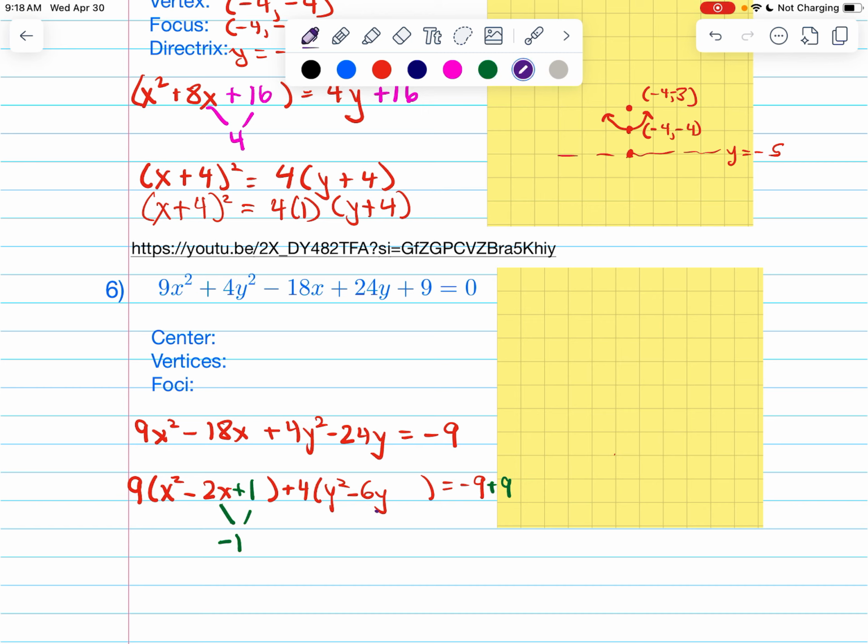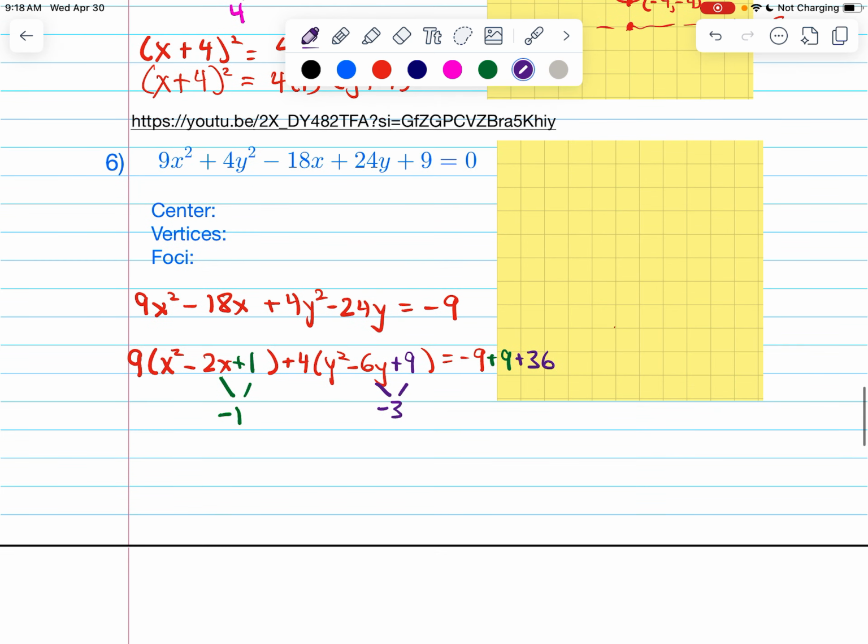Now over here we've got negative 3 squared is 9, so this is going to be a 36. Okay. So now let's see what we've got here. We've got 9 times x minus 1 squared plus 4 times y minus 3 squared equals 36.